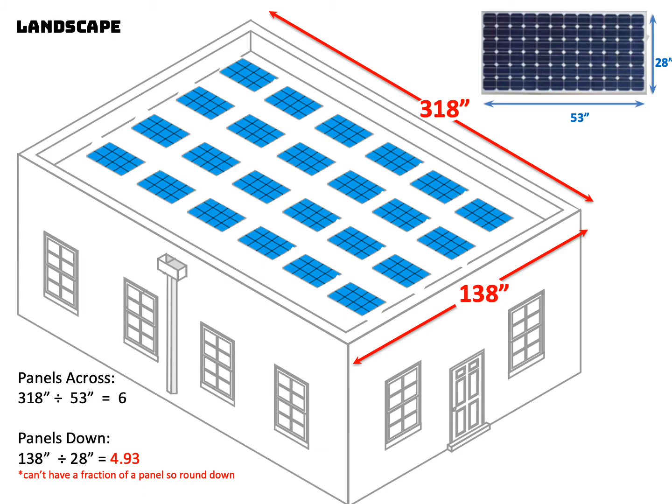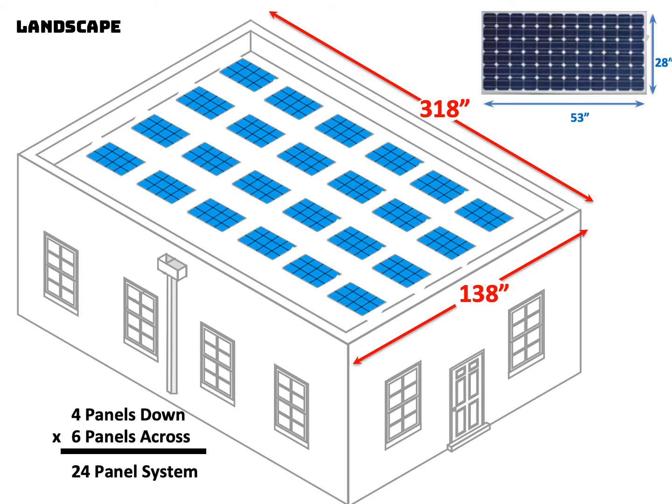After doing our calculations, we find that 6 panels fit the length of our roof and 4 panels fit the width of our roof when the solar panel is in landscape position. After doing the math, we determined that 24 of our solar panels fit in landscape on our roof.